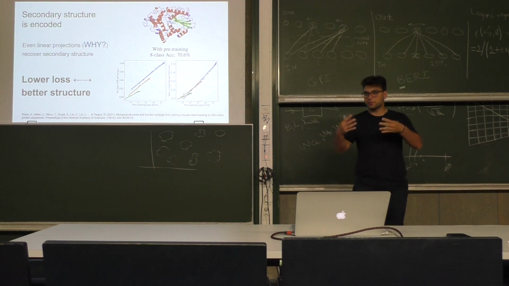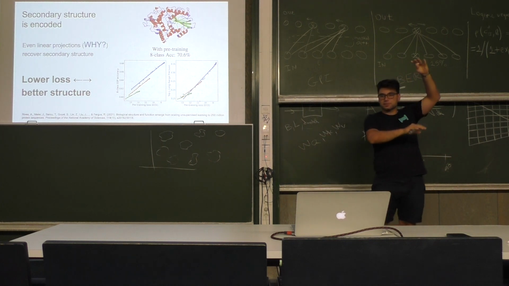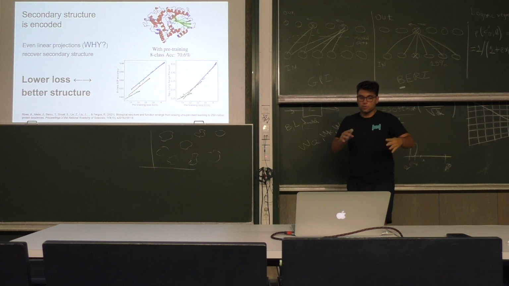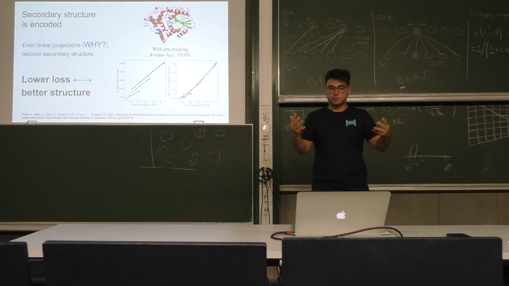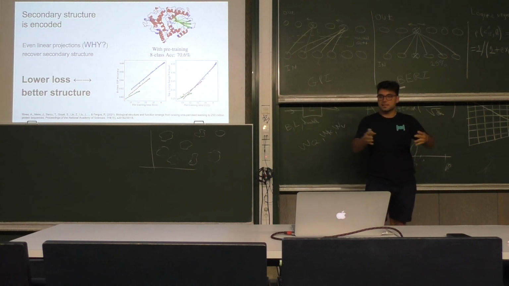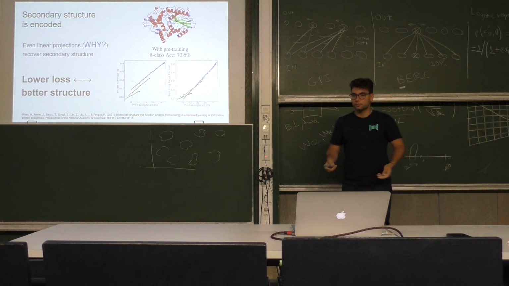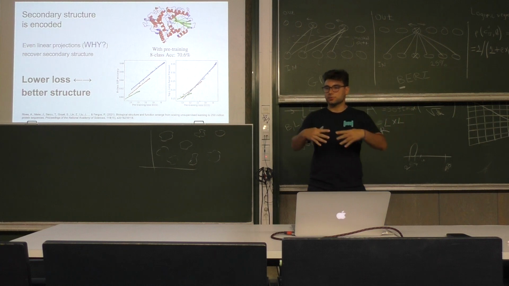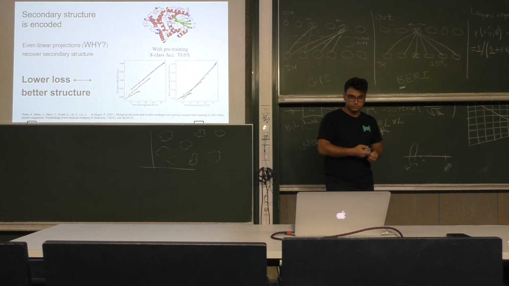Yes, so it's a more fair comparison because we keep the different representations fixed. So the linear projection can only score as well as the existing representation. It cannot create a more abstract or more complex representation.